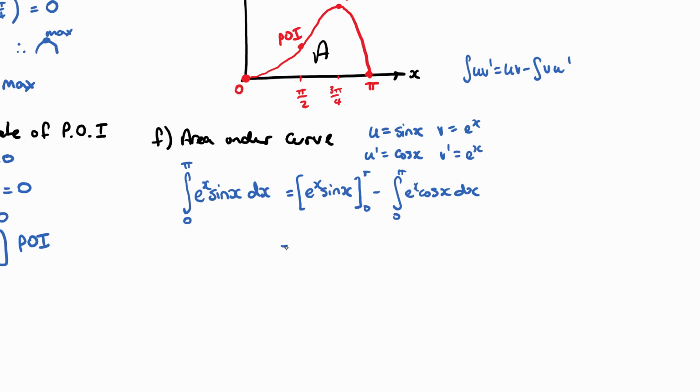So this will equal, I'm going to leave in e to the x sine x here, of pi and 0, minus. Now for the integral of this one here, I'm going to let u equal cos x, u dash equal negative sine x, v dash equal e to the x, and v equal e to the x.